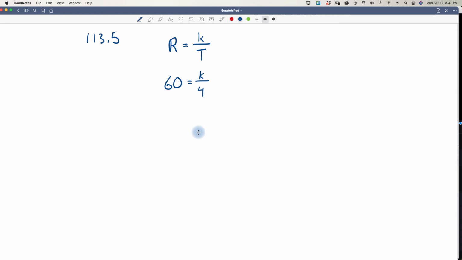So we multiply by 4 as a whole number on both sides. So we end up with 240 equals K, because these two cancel. All right, so now we can rewrite this with our constant. So the rate is equal to 240 divided by time.